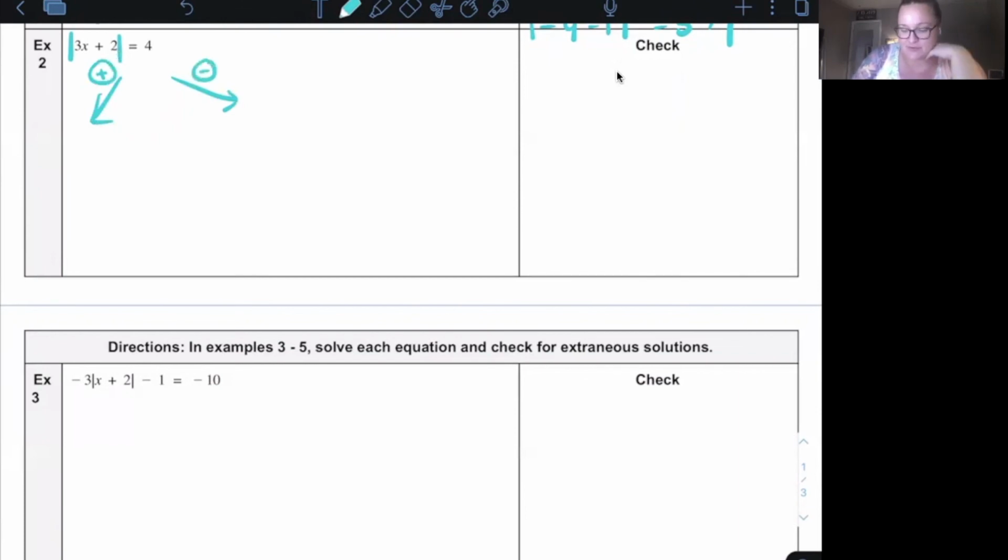So the positive version, drop the absolute value sign: 3x plus 2 equals 4. And then the negative one, 3x plus 2 equals negative 4. Just as a reminder, you take what it's equal to and you do the positive and the negative. Everything else stays the same.